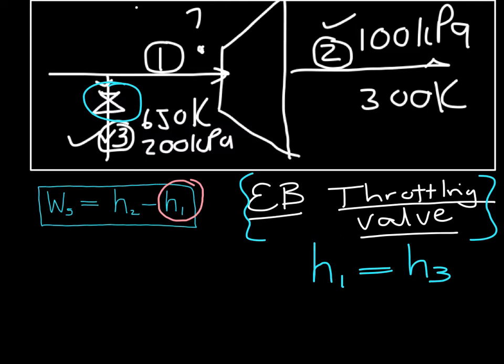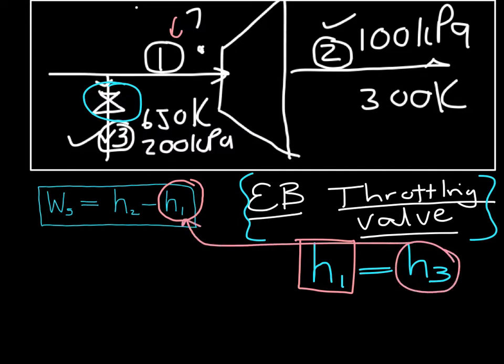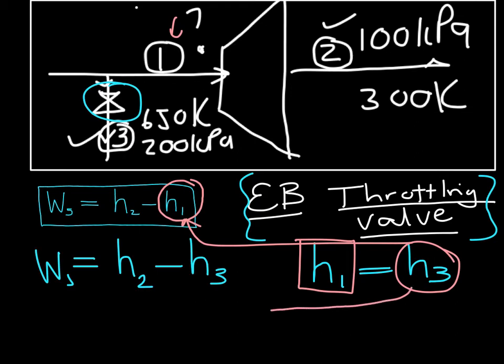Now, instead of trying to use this information to calculate the state, the temperature and the pressure at point 1, we can simply substitute H3 into our energy balance for the turbine. So now we can calculate the shaft work delivered per kilomole of gas by considering the change in state between state 2 and state 3.